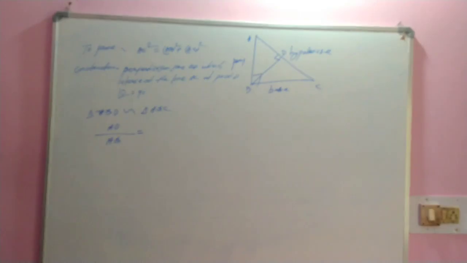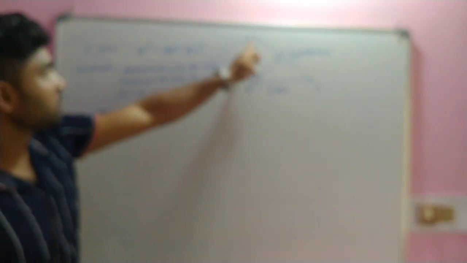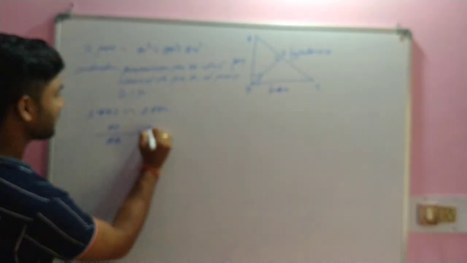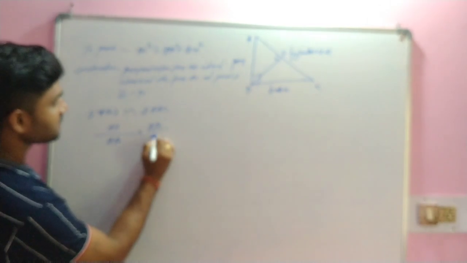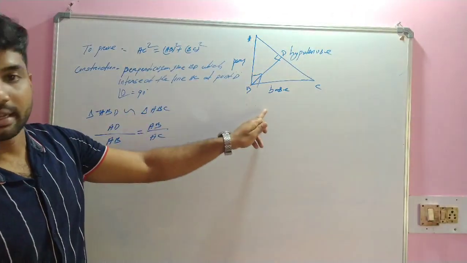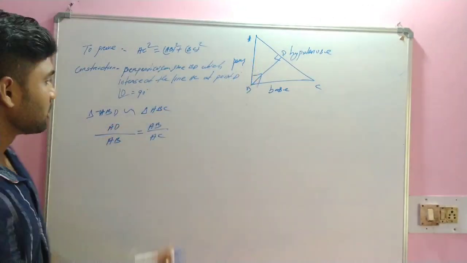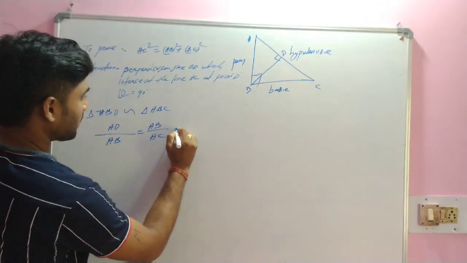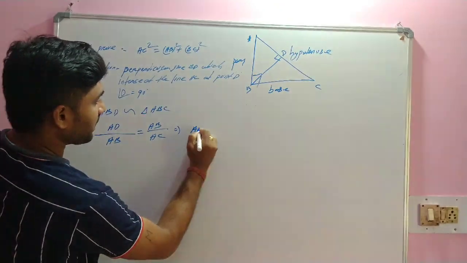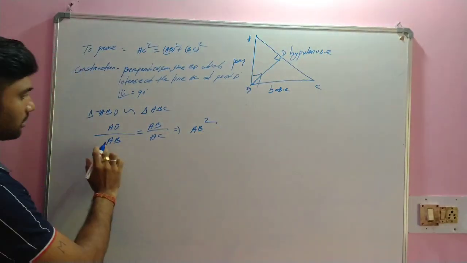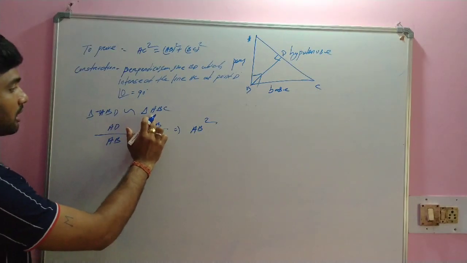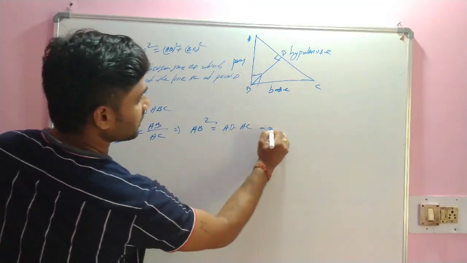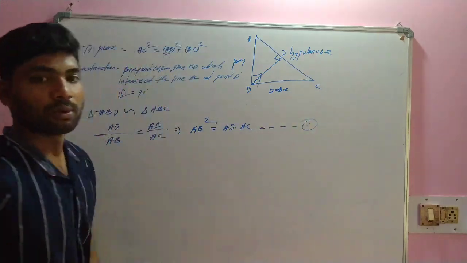Then AB into AB, AB square, equals AD into AC. Take it as equation 1.